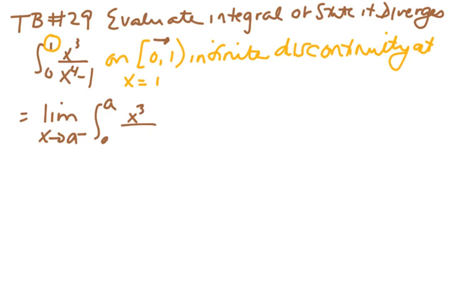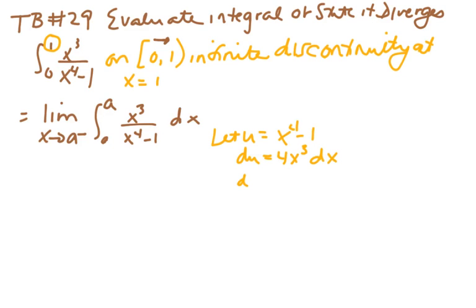We've got to find the antiderivative here. Don't lose sight of your basic integration tools. I'm going to do a u substitution here, and hopefully you see that right away. We're going to let u equal x to the 4th minus 1, and du is equal to 4x cubed dx.